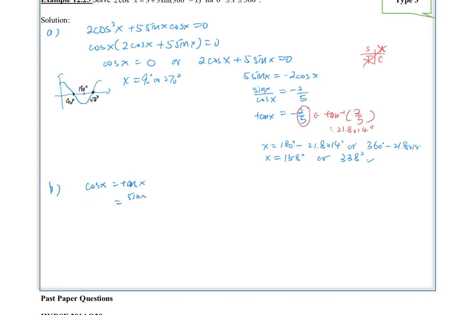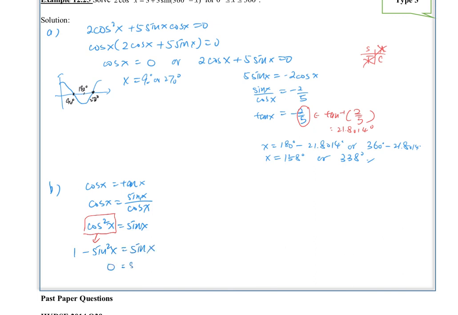So again, we need to handle tangent as sine over cosine. And we don't like fractions, so we multiply cosine x to the left. We get cosine square x. And these two are different also. To handle this, we have to change cosine square x to 1 minus sine square x by using the identity.